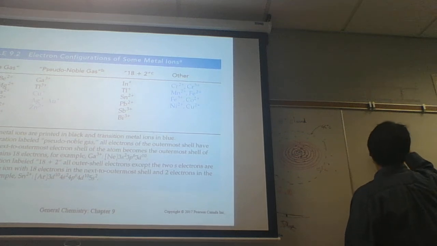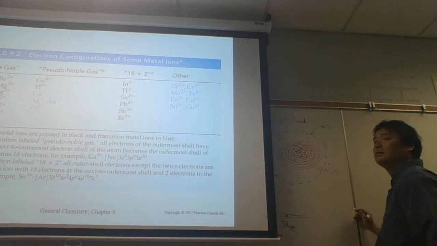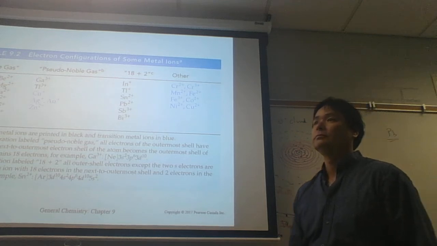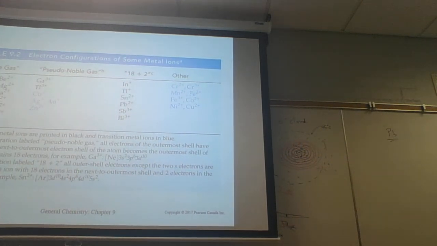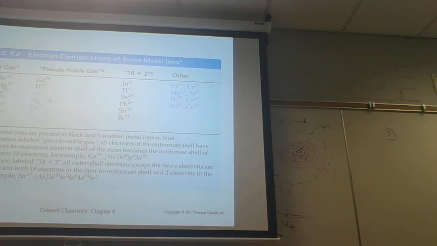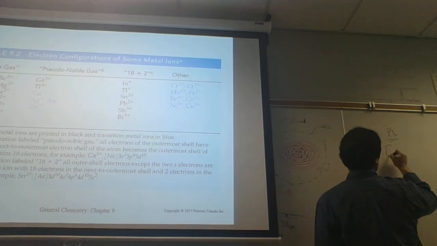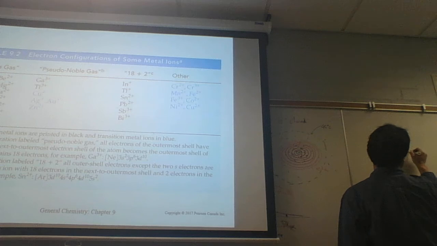What's the electron configuration for lead? I go xenon, and then what? 6s2.